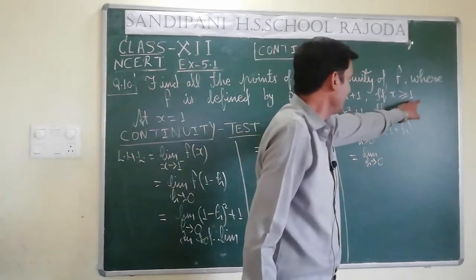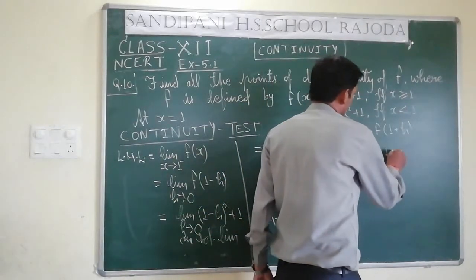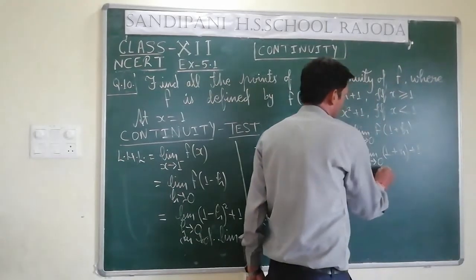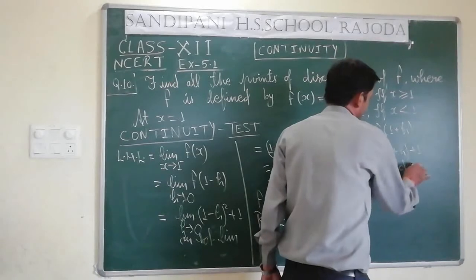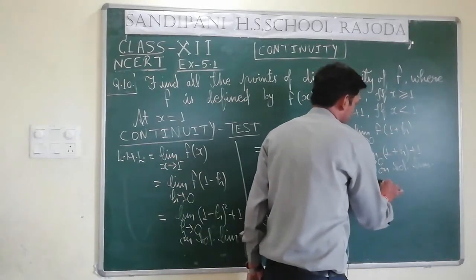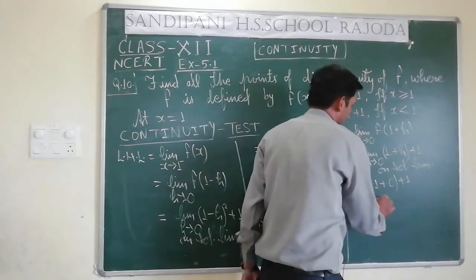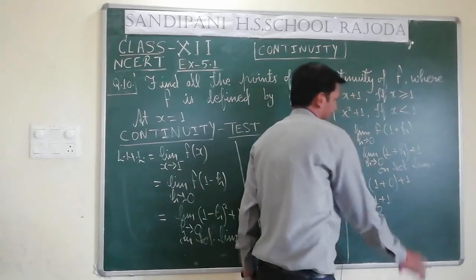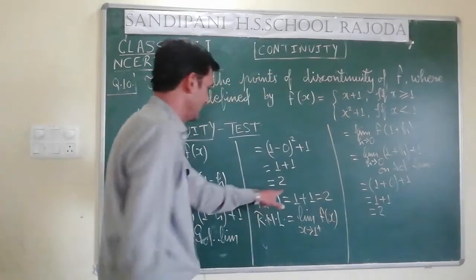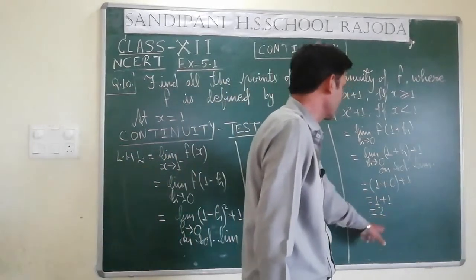For x greater than 1, this is the function. So, it is 1 plus h plus 1. On solving limit, it is equal to 1 plus 0 plus 1, means 1 plus 1, that is equal to 2. So, LHL it is 2, f of 1 it is also 2, RHL it is also 2.